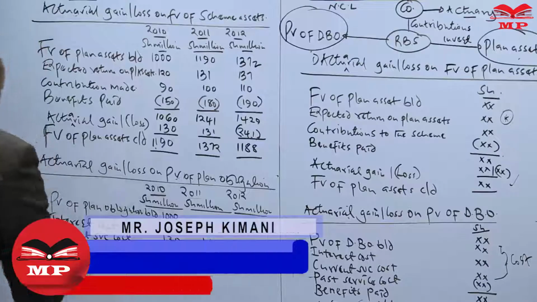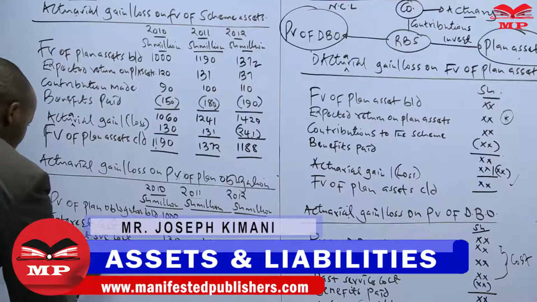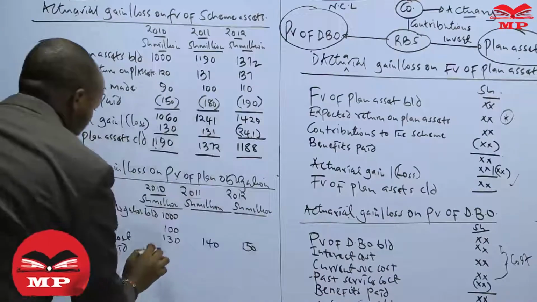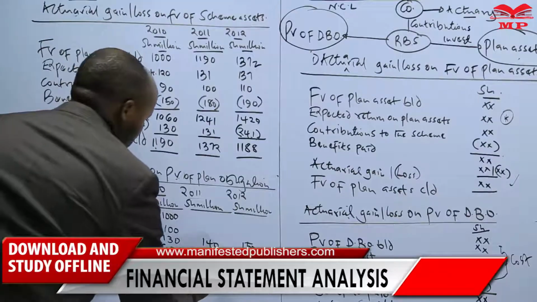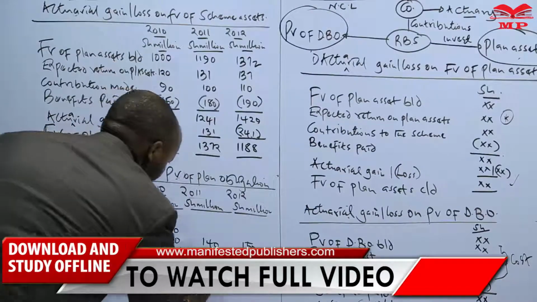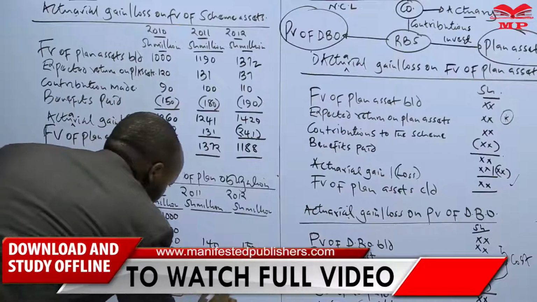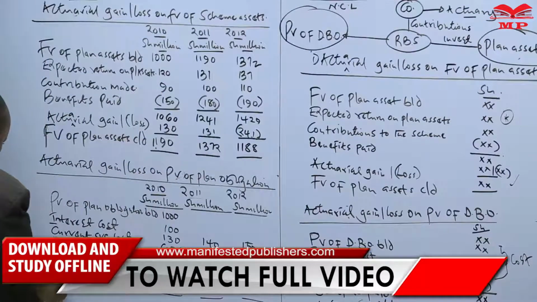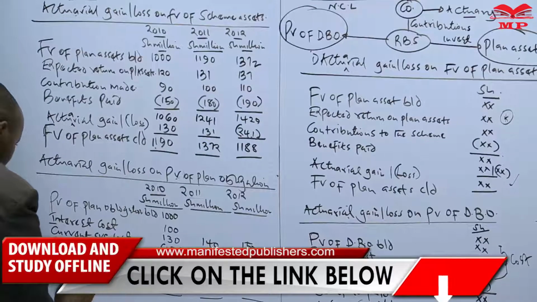So take into account we don't have that, we proceed and then we less the benefits paid. The benefits paid will be 150, 180, and 190. And then what you're going to do in our case is to compare that with the present value of plan obligation.